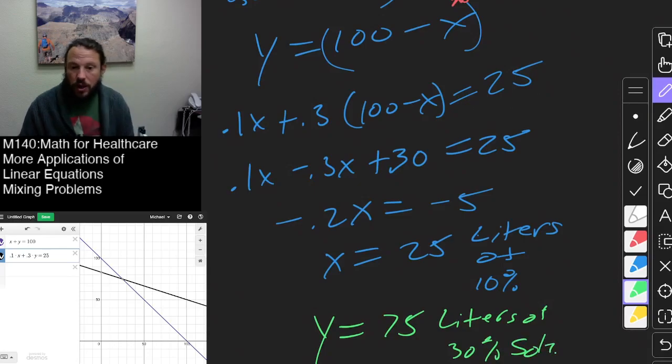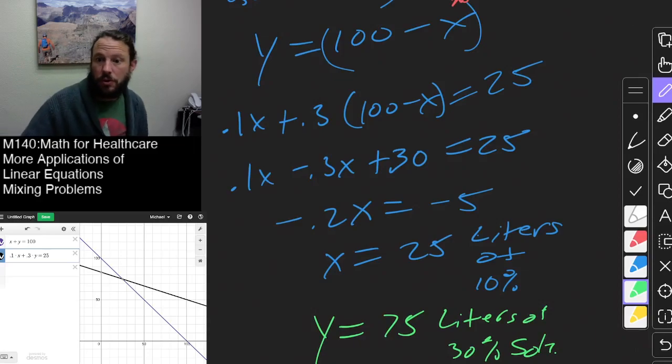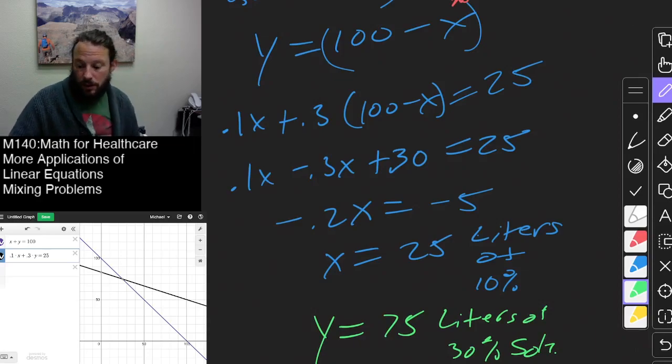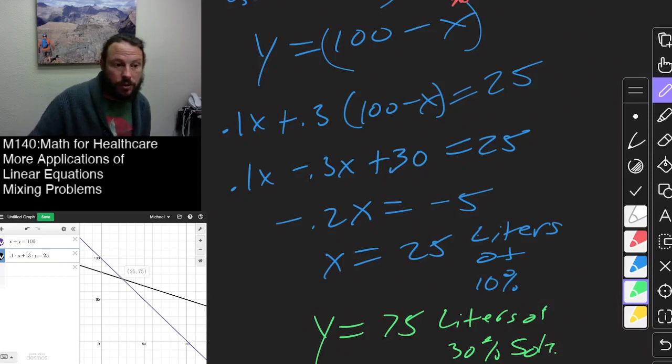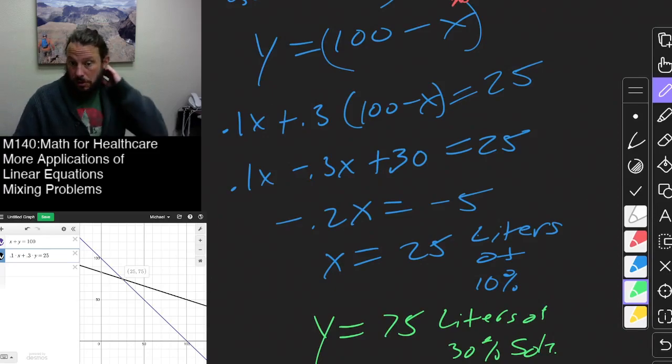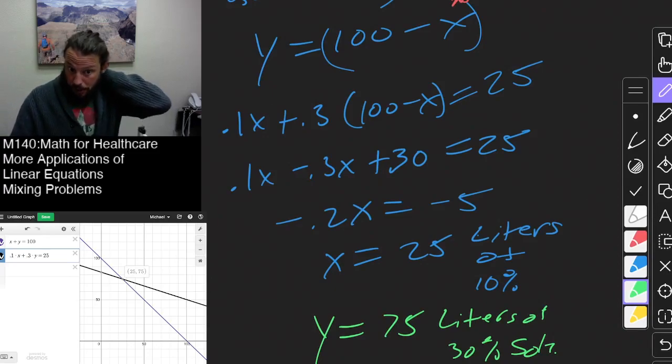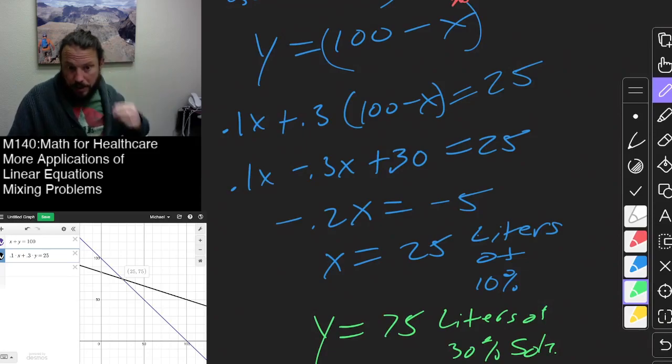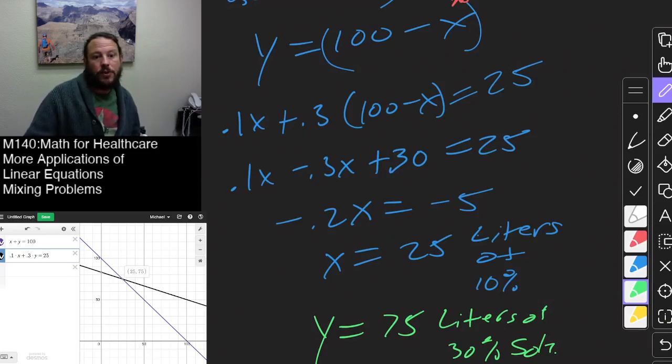We mix those together, and we end up with our 100 liters of 25% solution. Do notice that you can get that 25 and 75 by hovering over the intersection of the two lines, and you can use that to check your solution and make sure you did your algebra correctly. And that's how we do mixing problems. Those are mostly what we're going to do.